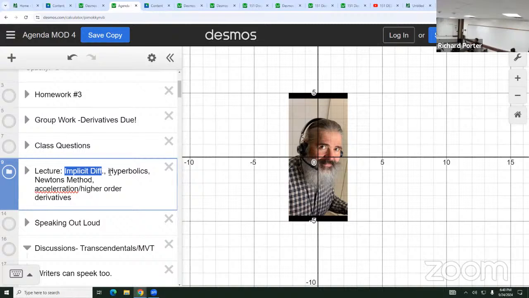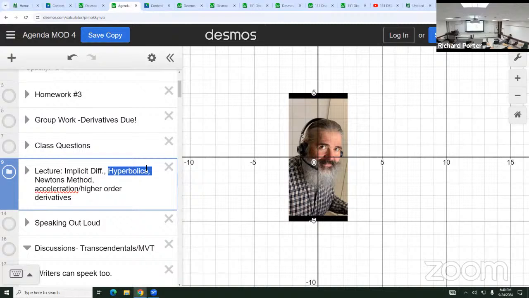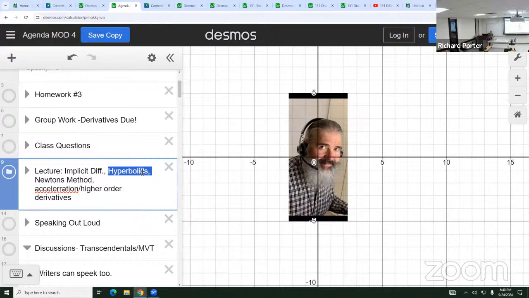And hyperbolics are a whole different category. They're just new transcendental functions that come out in this course. They could have been in pre-calculus, but you had a lot to do there, so they decided to throw them in calculus. But lucky for you, they really don't have any applications until multivariable calculus, which is Calc 3.